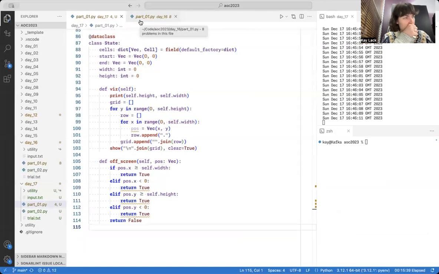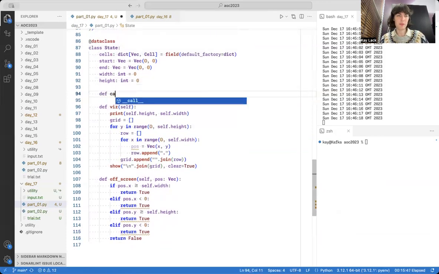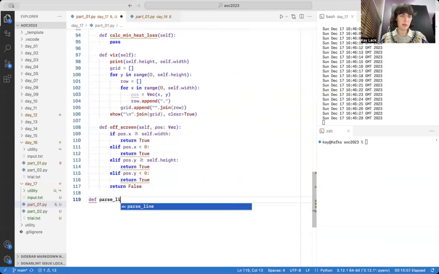Great. We've already verified the off-screen one, so we don't need to verify that again. Now we've got our, put that there, and then let's steal this as well.